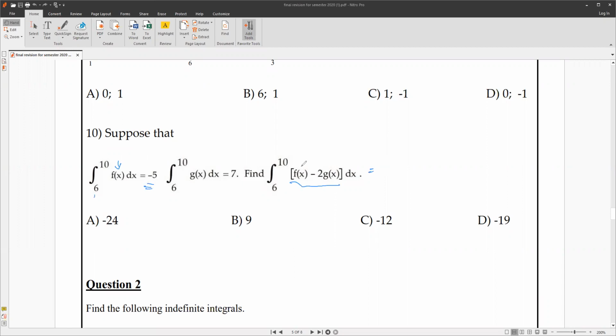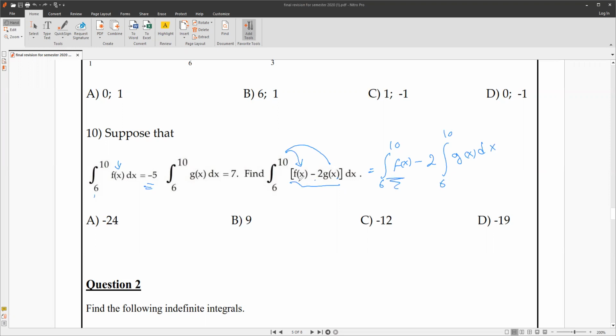It means the definite integral of the first function, minus 2 multiplied by the definite integral of the second, from 6 to 10. But sometimes I don't need to rewrite this because I know the property: number multiplied by function will be this number multiplied by the integration of this function from 6 to 10 with respect to x.